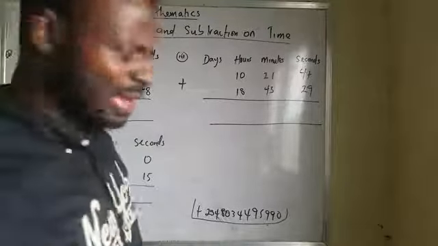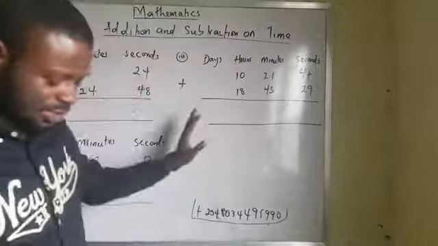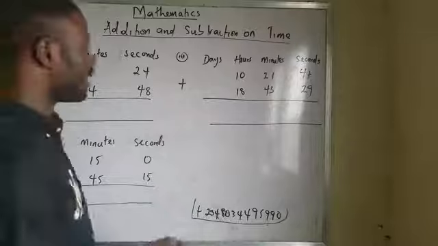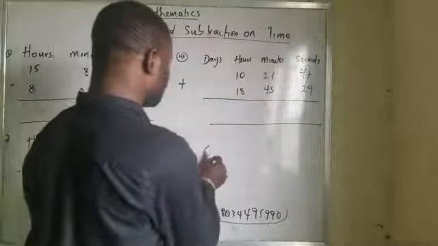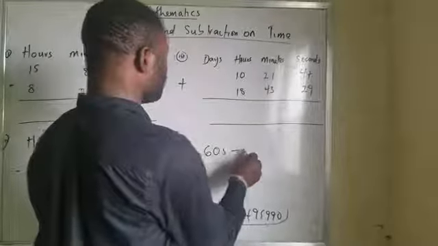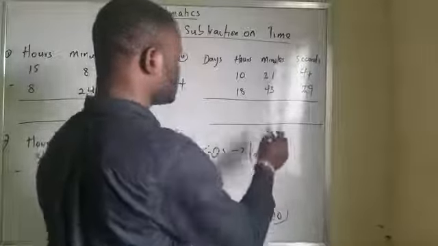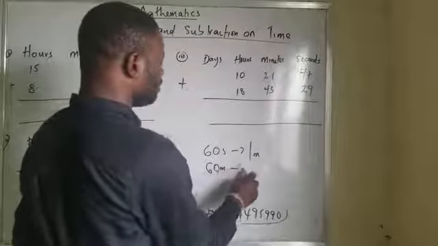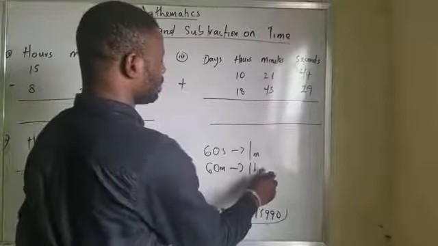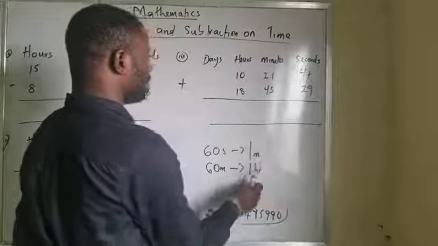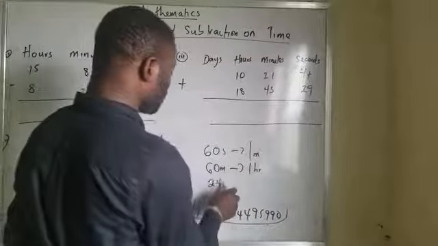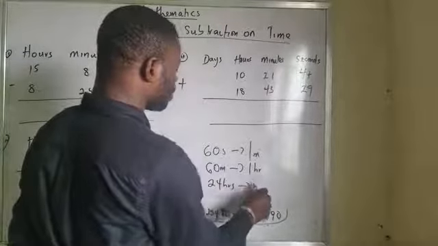Now, before I solve problem number one, I want you to understand something: 60 seconds make 1 minute. Note that, please. And also 60 minutes make 1 hour. And 24 hours make 1 day.